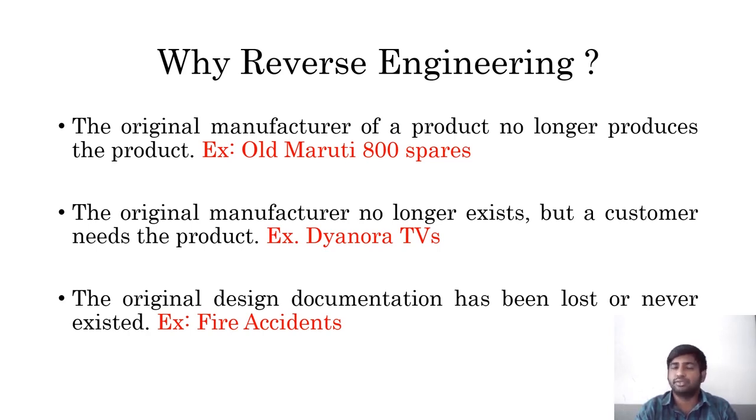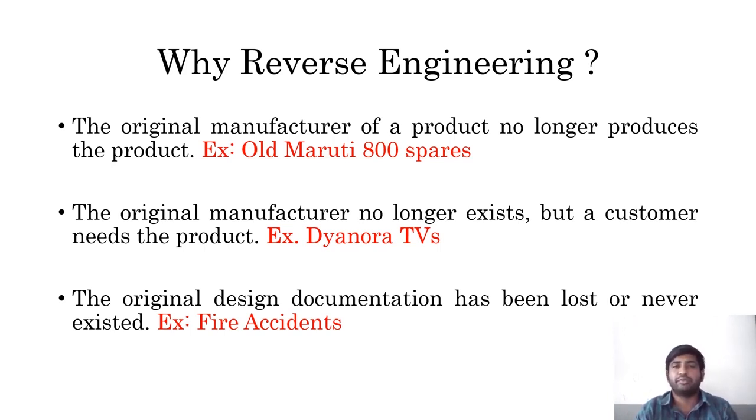In these cases reverse engineering comes into the picture. If we need some Maruti 800 parts, we have to scan the old spares, create a 3D model, and then transfer that 3D model into a manufacturing system to create the Maruti 800 parts. In that case, we use reverse engineering.